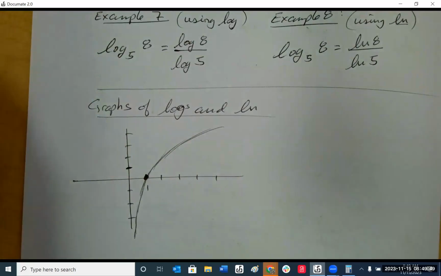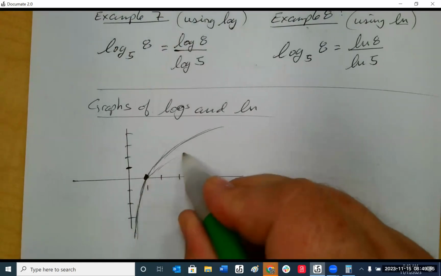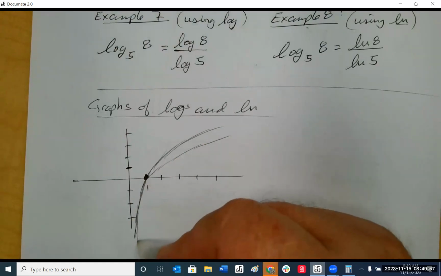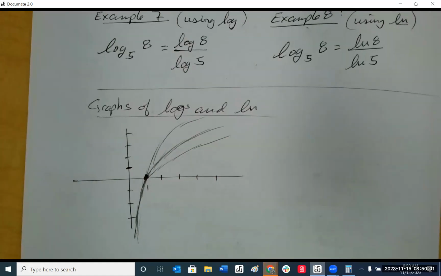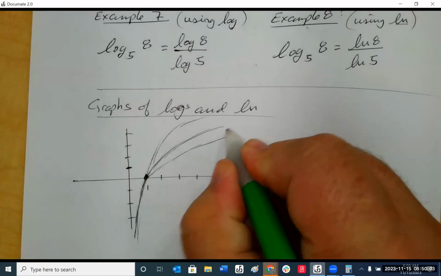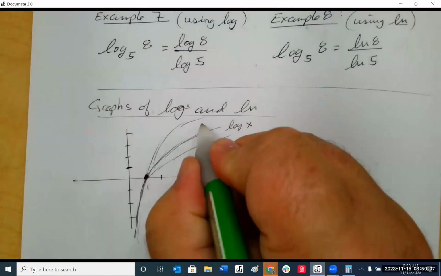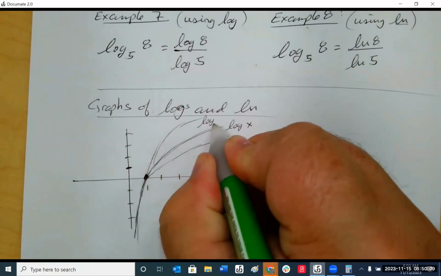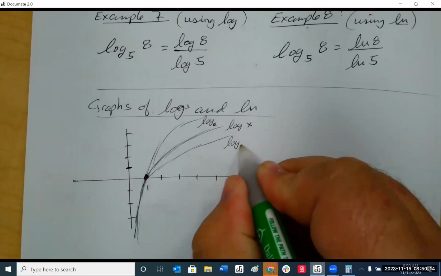But pretty much this is what it's going to look like, depending on the base. This is log of x. This is log of a, and this is log of a.